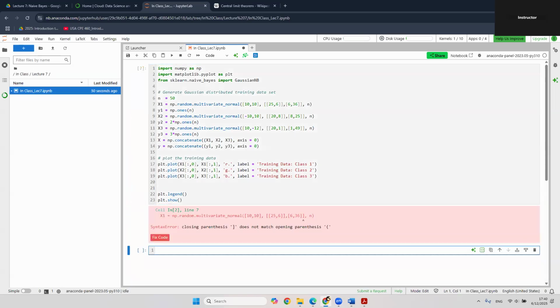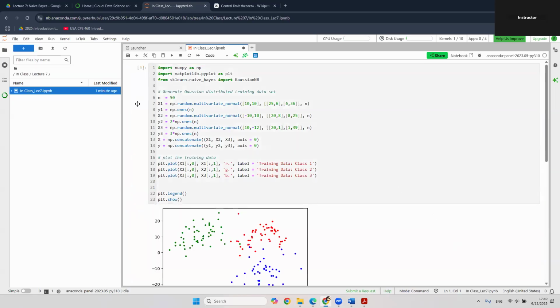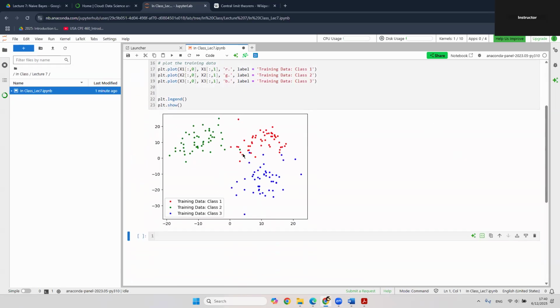Okay, what is wrong? Okay, here we go. So this is the basic plot of the training data.